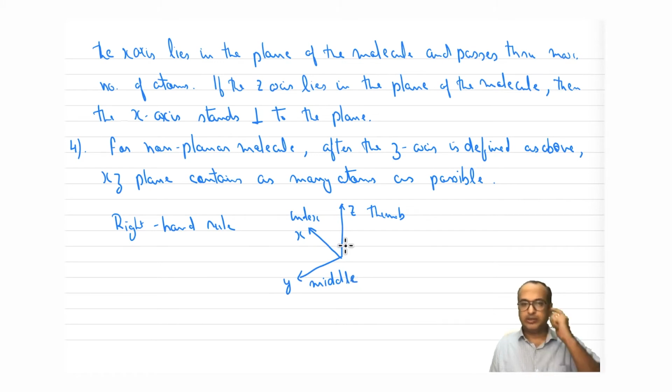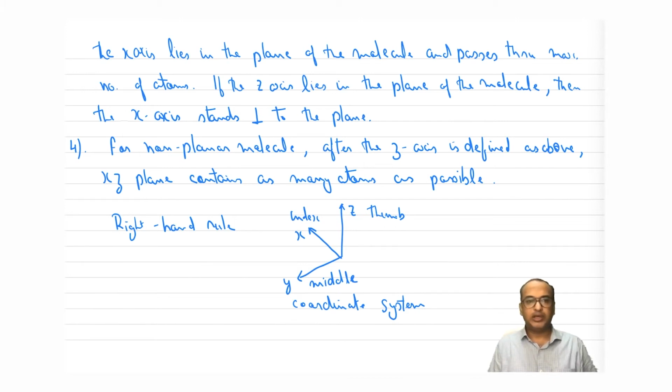So this is the orientation of the right hand rule which we follow for the coordinate system, so that there is no confusion.